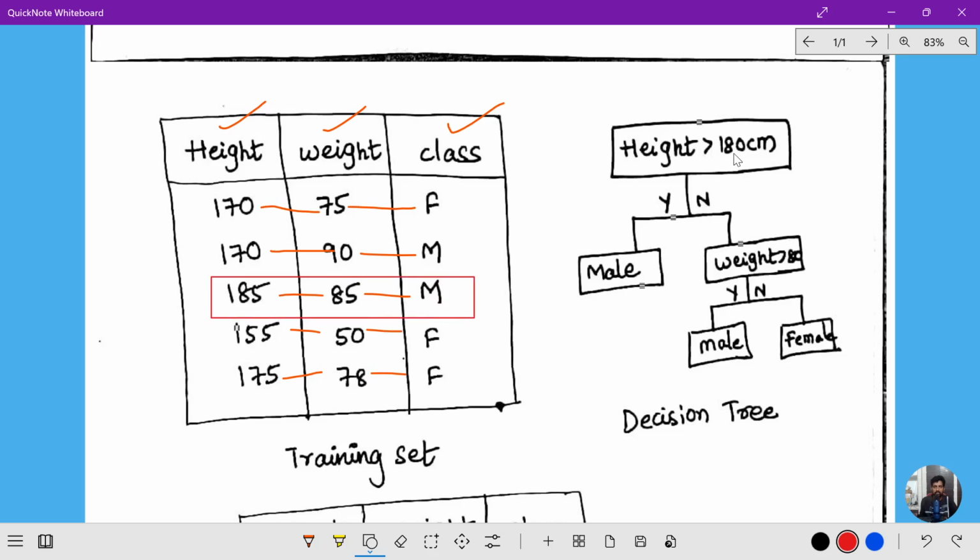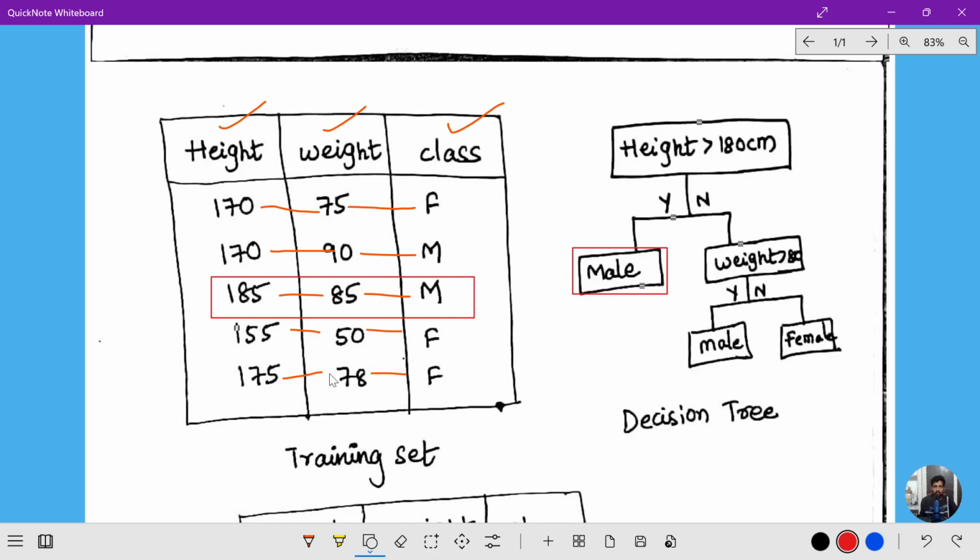So, height greater than 180, yes, this is male. If no, you observe one more category, 170. He is also male, but here the parameter height is not enough because we cannot classify all of them as male. So I chose greater than 180 as male.